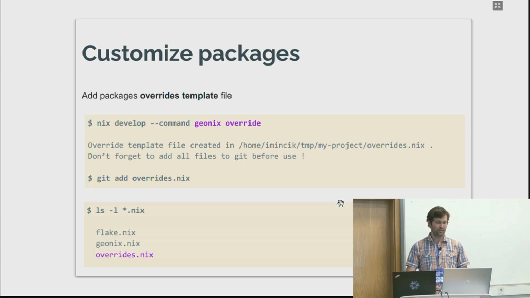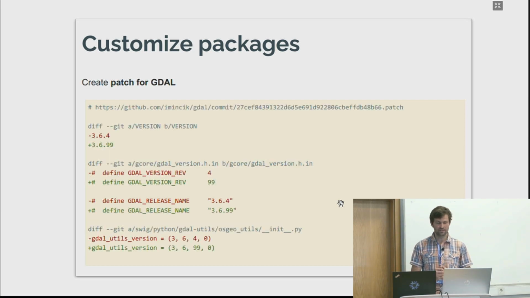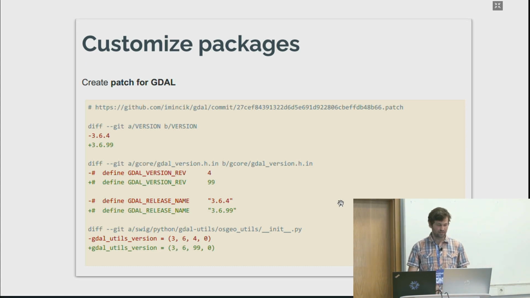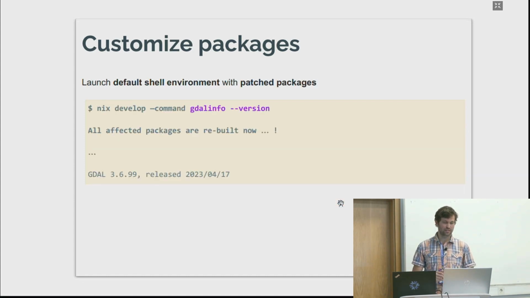There's even a way, this is another killer feature, to patch packages. For example, in this example, I try to create a patch which is just overriding the version of GDAL to something else. I just use that patch in my project configuration like this, and I re-entered my development environment, and Nix evaluated my change and rebuilt everything which was needed.